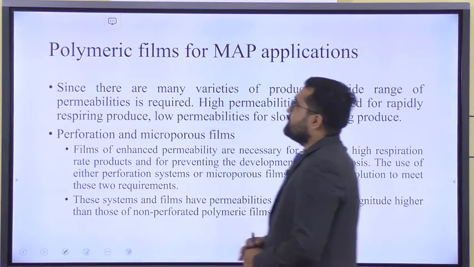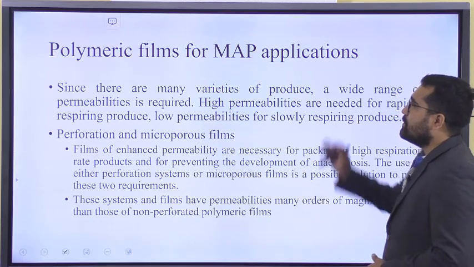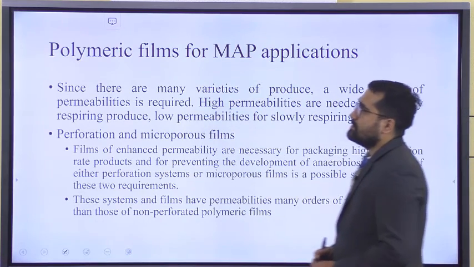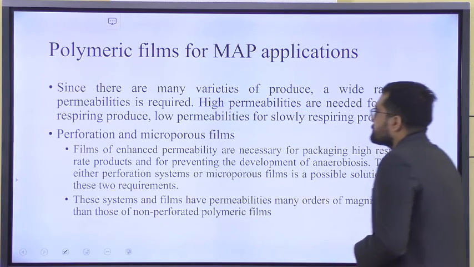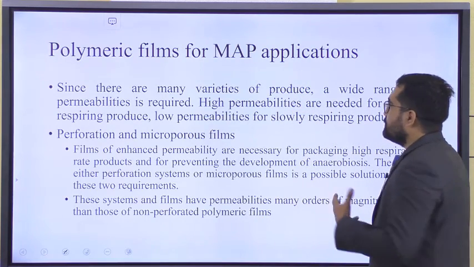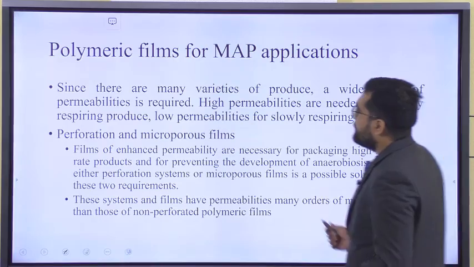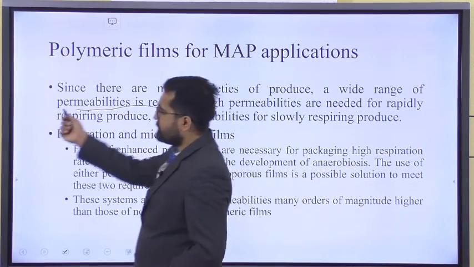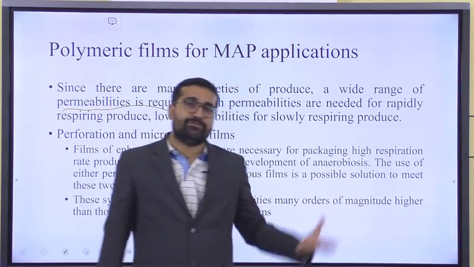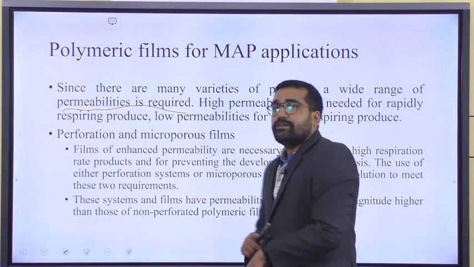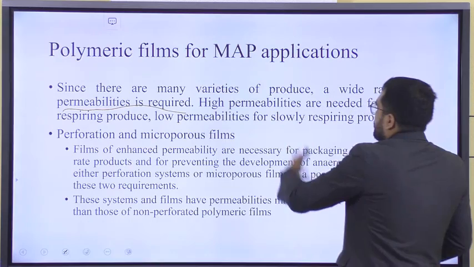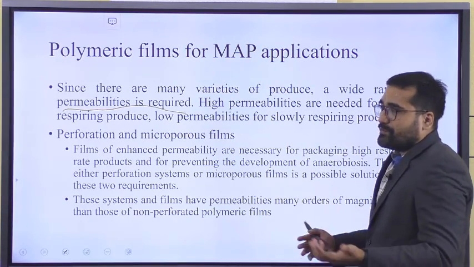Apart from this, we can also use polymeric films, like films which are having perforations. Since there is a variety of produce, we have a wide range of permeabilities needed. Since the range of what we are consuming is very wide, whatever we are storing, we have to provide a wide range also.